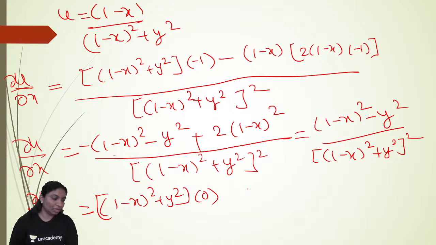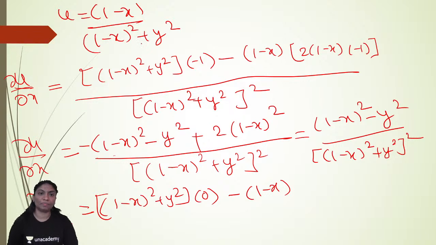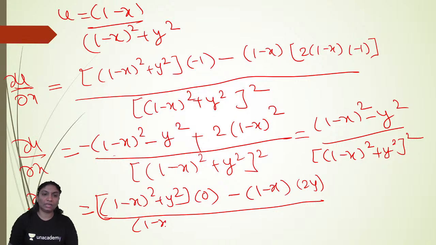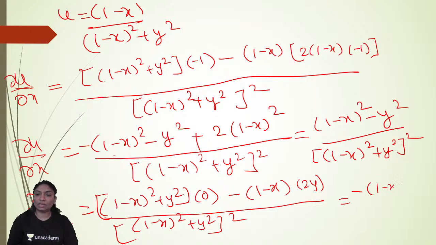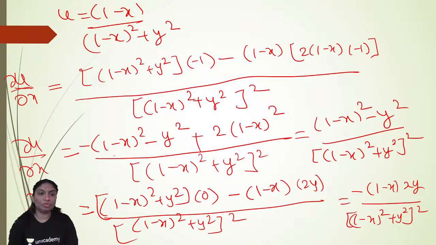So it becomes minus (1 minus x) into 2y upon (1 minus x) whole square plus y square, whole raised to 2. Okay, this is ∂u/∂y and this is ∂u/∂x.